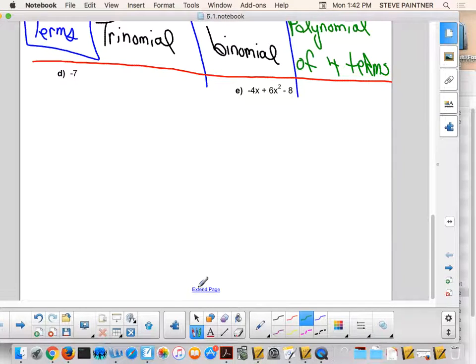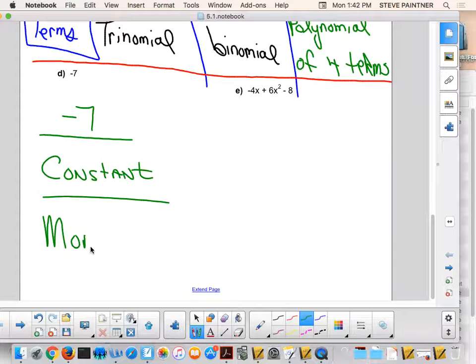I think we're catching on to this. Gavin, what's this one going to be? Standard form. -7. Not much to do in that one. You're done. Constant. What else? Monomial. Okay, last one.